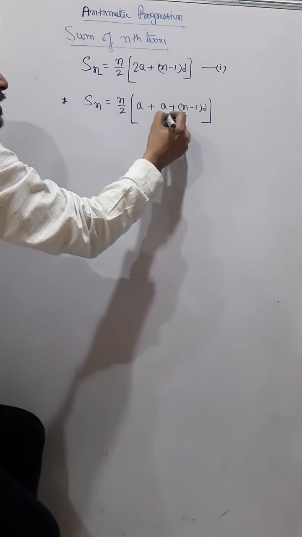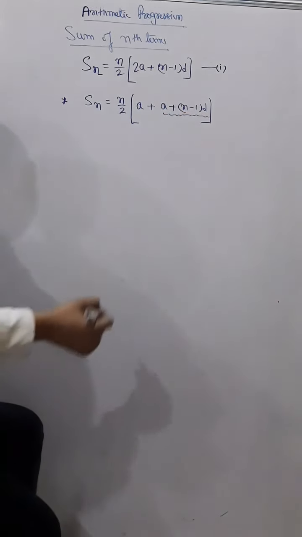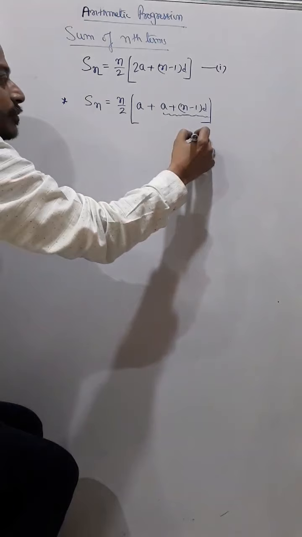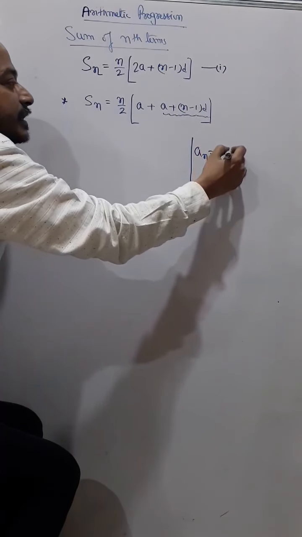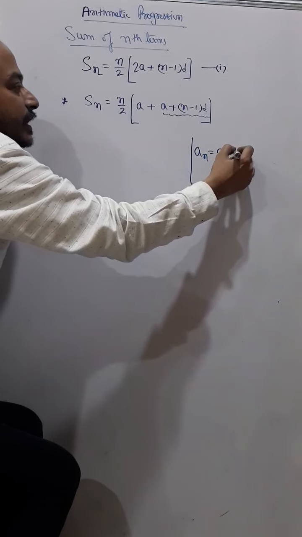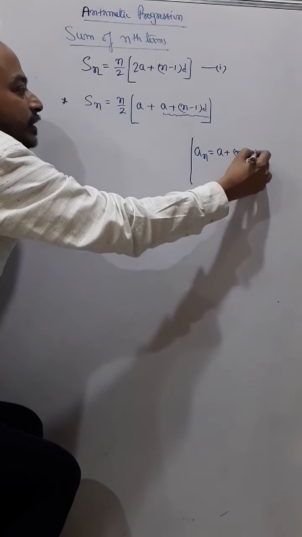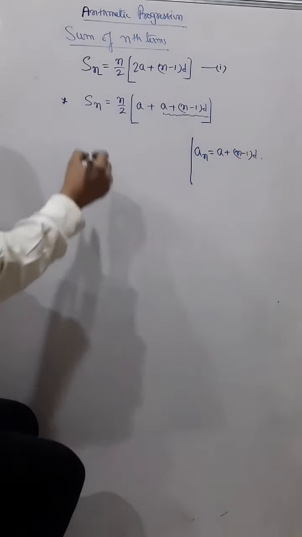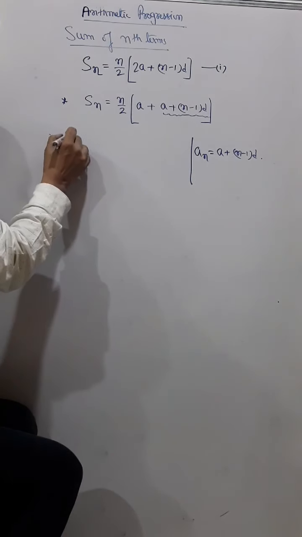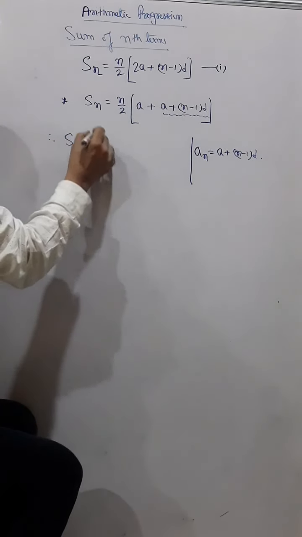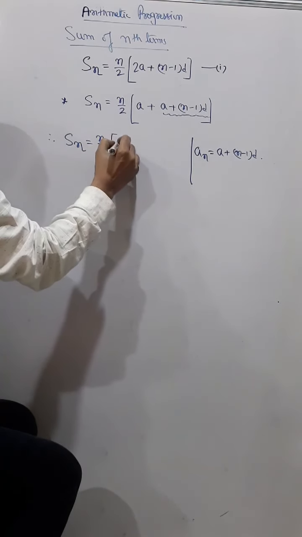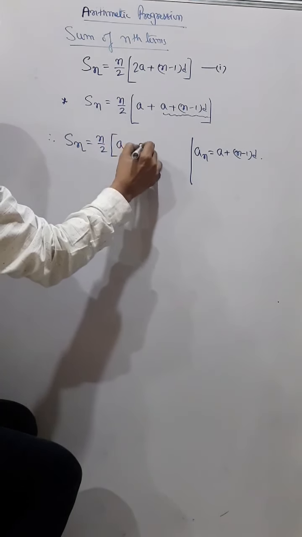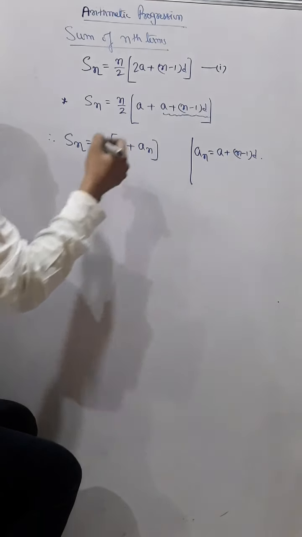If you remember, this part is the formula for finding the nth term, an, which is equal to a plus n minus 1 into d. So therefore we can say that for the sum of n terms, we can also use the formula a plus an.